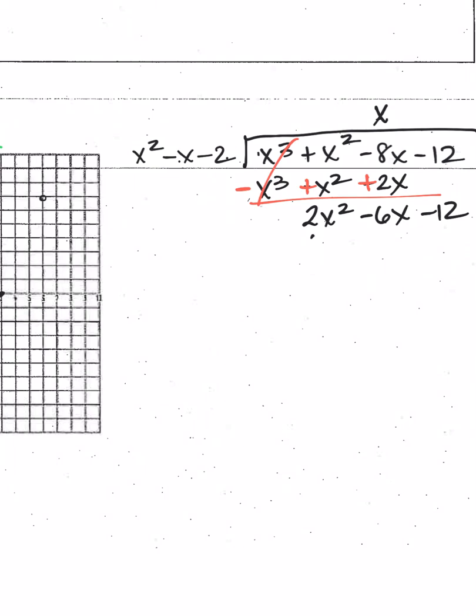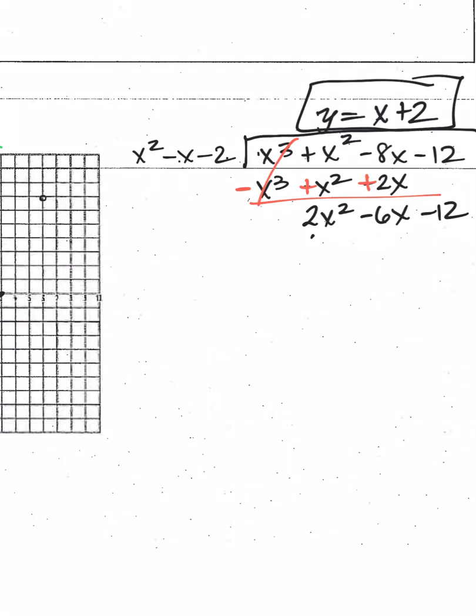So now I'm going to take biggest term divided by biggest term. And what is that? Positive 2. I can stop now. I don't even have to multiply it out. Why? Because this is the equation of the line, isn't it? So when you get back from lunch, we're going to finish this problem up and you're going to try one.